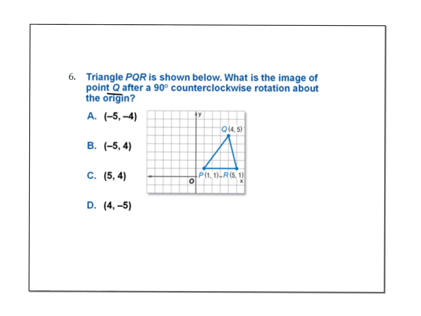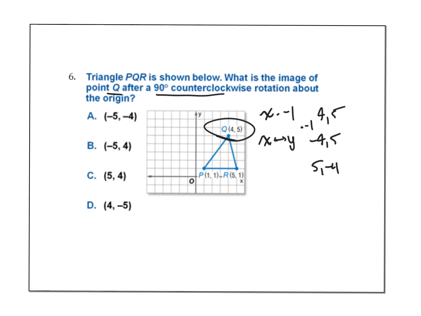If I look at point Q, 4, 5, 90-degree counterclockwise. Again, x times -1, x and y switch places. So 4, 5. If I multiply by -1, it becomes -4, 5. Then they switch.